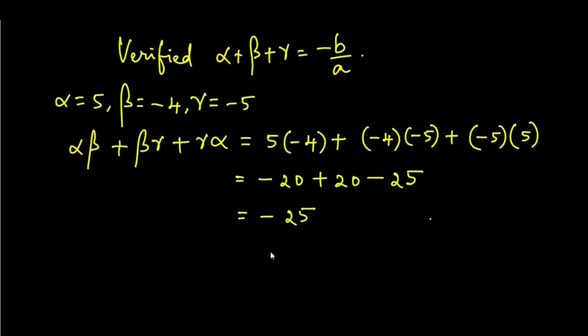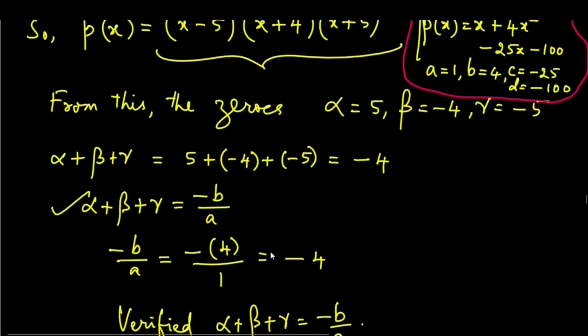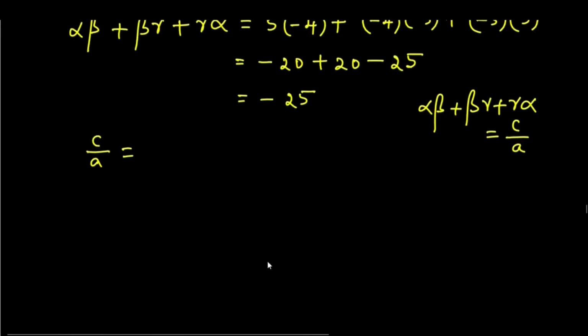Now alpha beta plus beta gamma plus gamma alpha should be equal to c by a. Let us see whether c by a has the same value. What is c? C is minus 25 and a is 1.